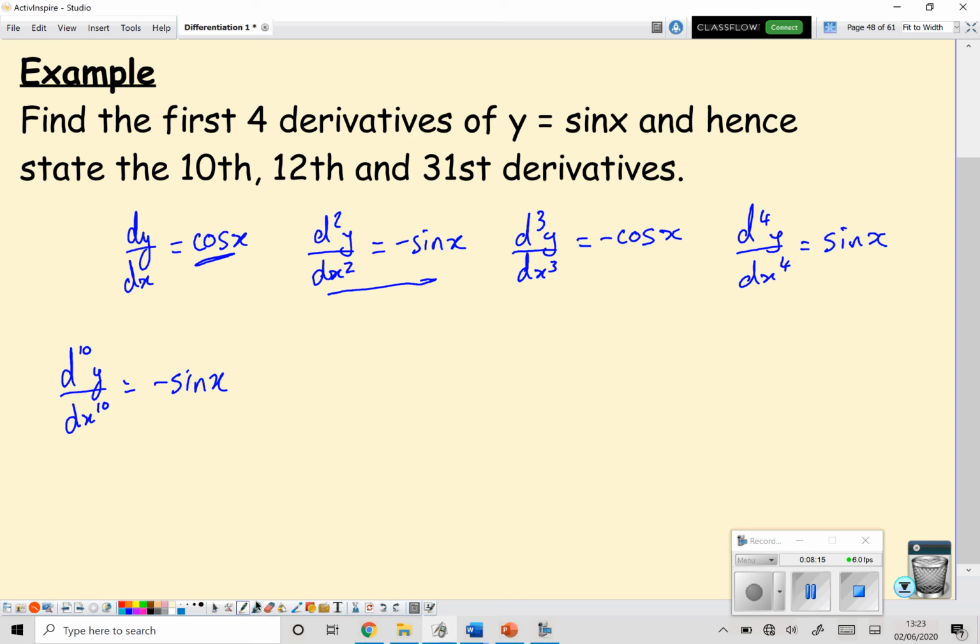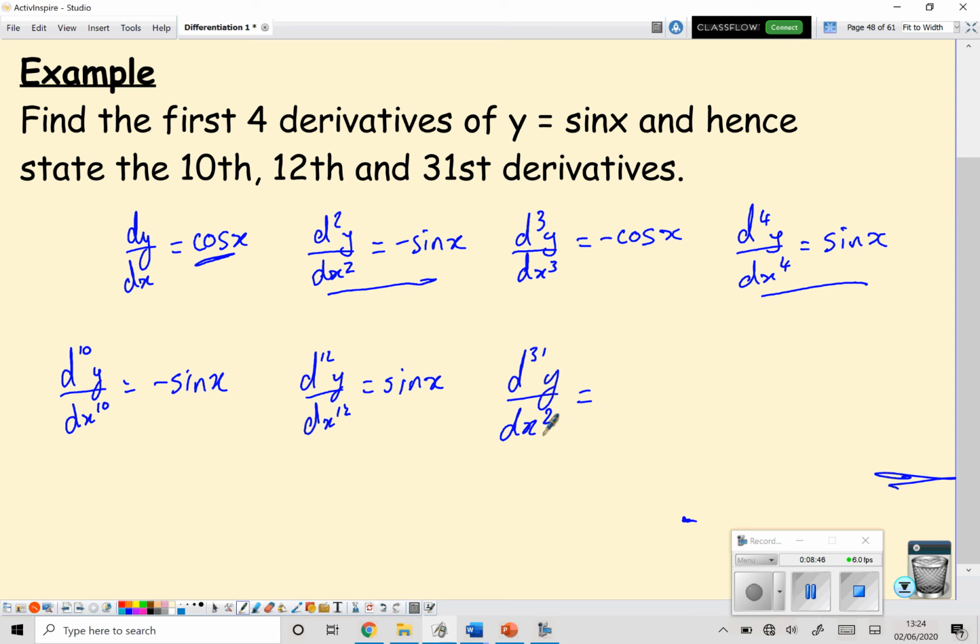That's really inefficient. Okay, so let's get the 12th derivative using the same method, d12y by dx12. So the 12th derivative, divide that by 4, and since 12 is a multiple of 4, it's always going to be the fourth derivative in the sequence, so sin x. And the 31st derivative, see if you can work it out.